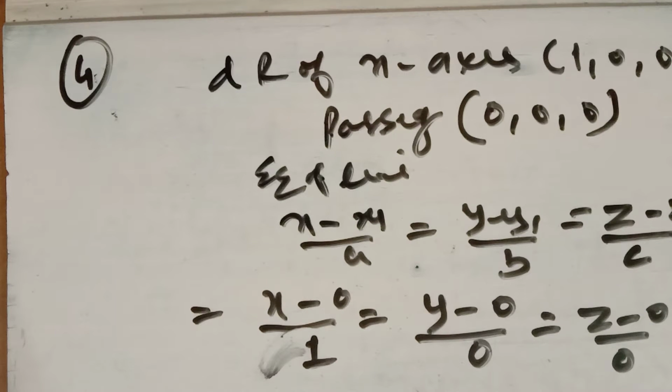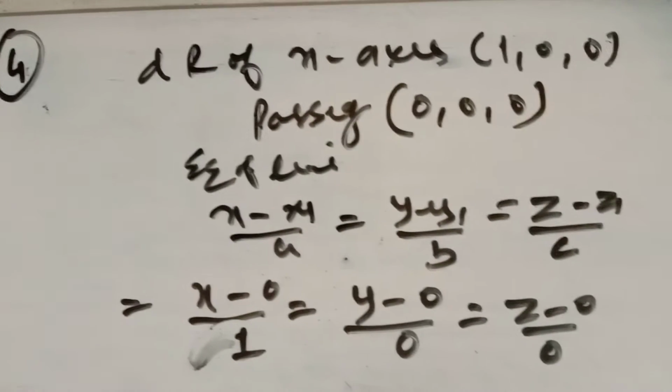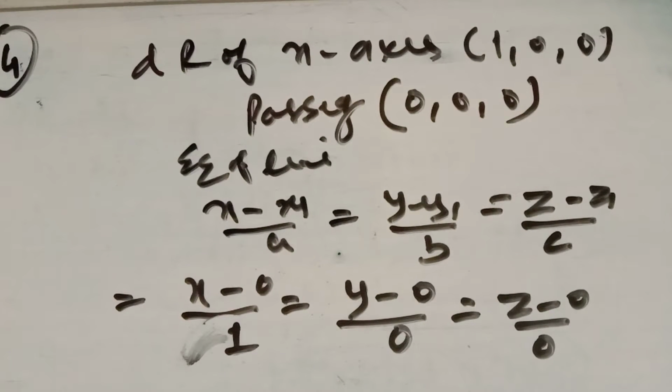You have to find the equation of the line which is passing through the point 0, 0, 0 and parallel to the x-axis. That is question number 4.